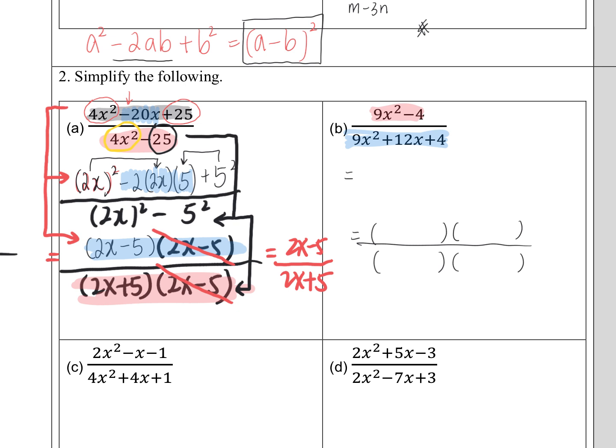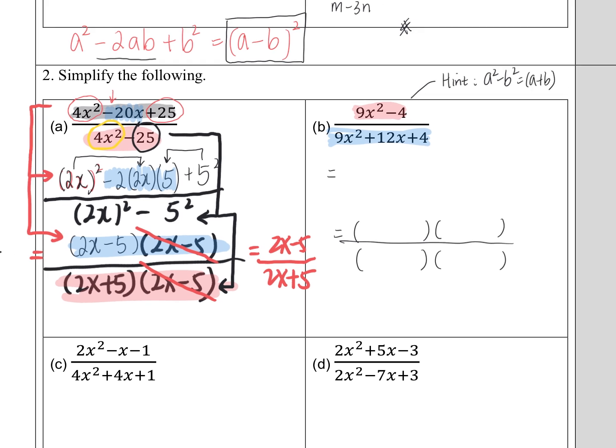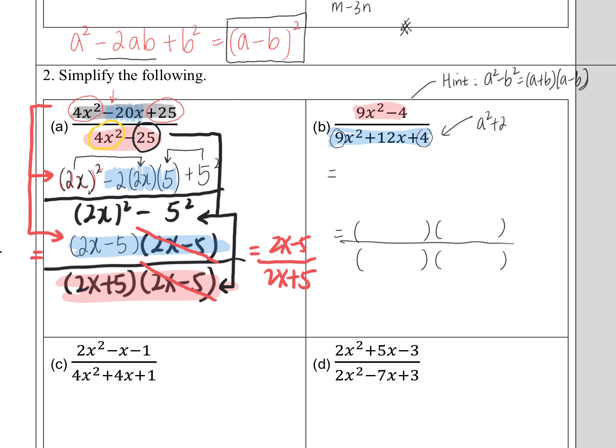Okay, try to factorize the red one. The hint is to use (a plus b)(a minus b). And because this is perfect squares, you know that the hint is this one. You can use this.